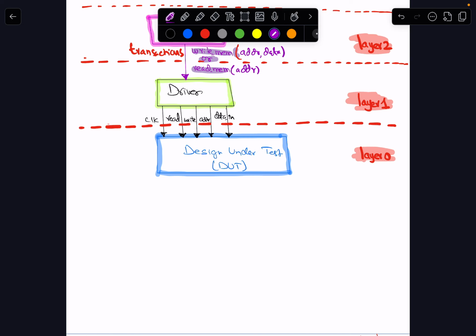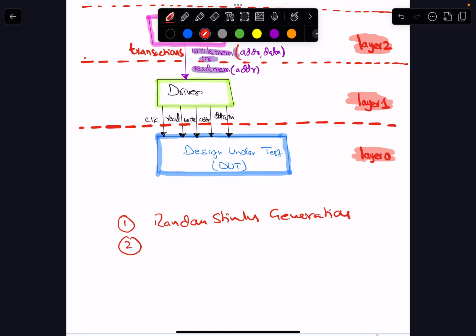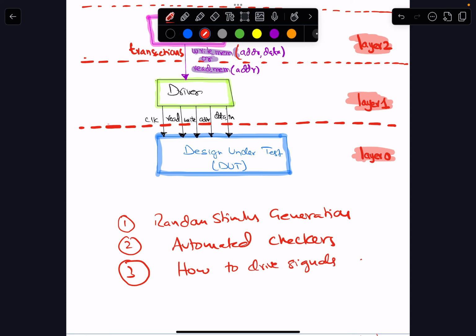So what have we discussed so far? One is that you need random stimulus support and stimulus generation, then automated checkers, you need to know how to write them, and then you need to know how to drive signals using a higher abstraction level.